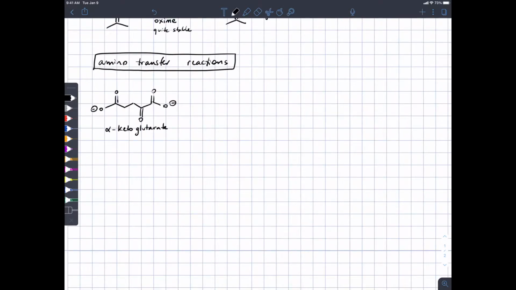And biology can convert this from a ketone into an amino acid.